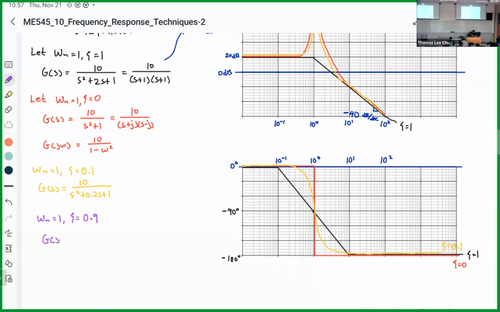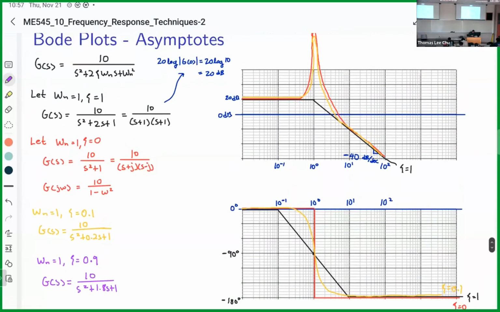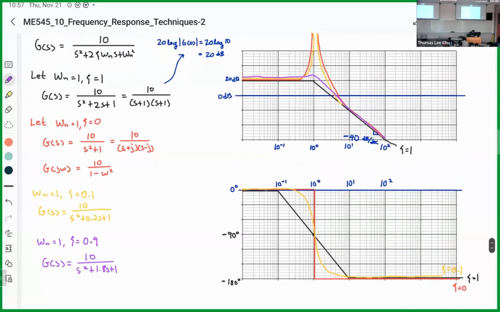Then we get G of s is equal to 10 over s squared plus 1.8 s plus 1. And then it's going to just look more like the black line. We might get a slight bump there, but it's not resonance though. I'll give you the conditions for that.